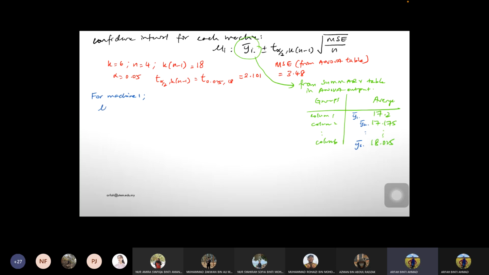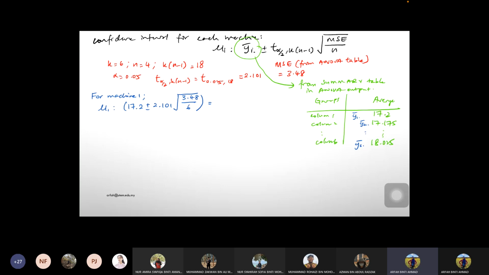Mu 1 95% confidence interval akan sama dengan y1 dot, that means 17.2 tambah tolak 2.101 darab dengan square root bagi MSE 3.48 dibahagikan dengan 6. So dapat berapa? Okay.